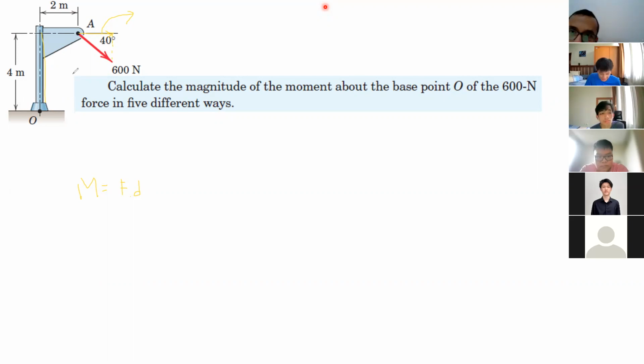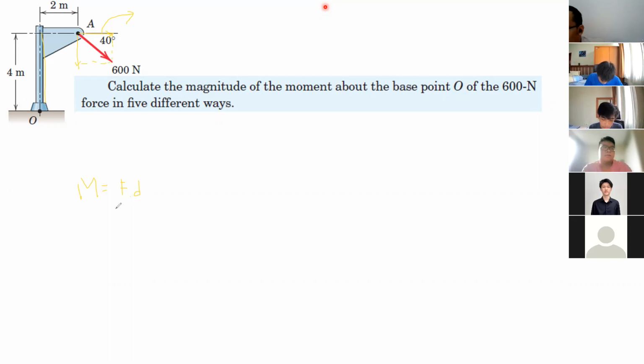That one is possible, but it's not necessarily correct, because we have two projections, right? The first one is the horizontal one, and the second one is the vertical one.